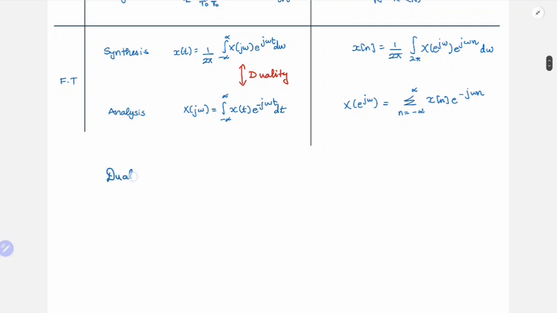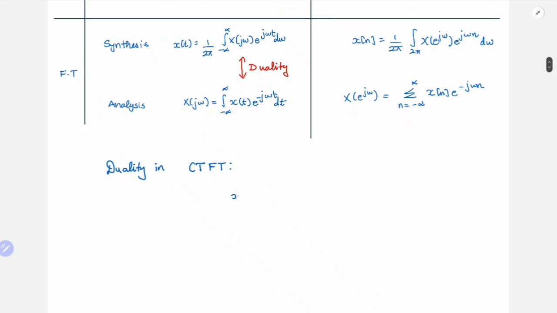So duality in continuous time Fourier transform. So this is a synthesis equation, x of t equals 1 over 2 pi integral of X of j omega e power j omega t d omega, and this was our analysis equation, right?